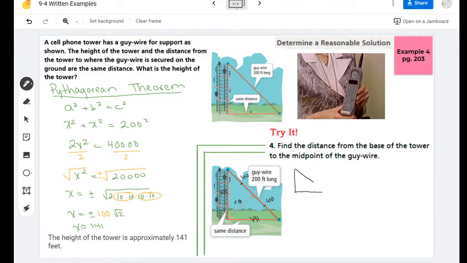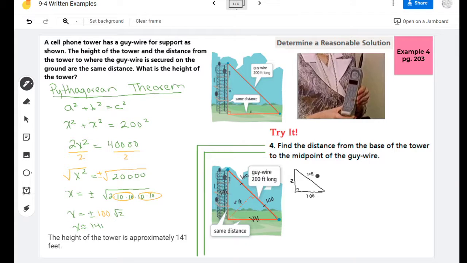It has a hypotenuse of 141. It has a leg of 100, and then it has another height of z, and I don't know what that is. So I'm going back to using Pythagoras to help me solve that out.